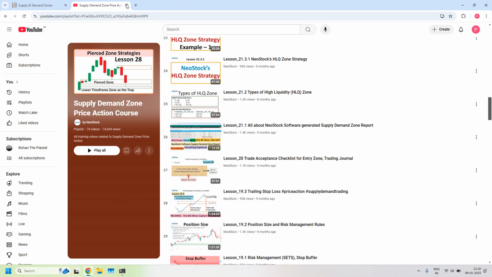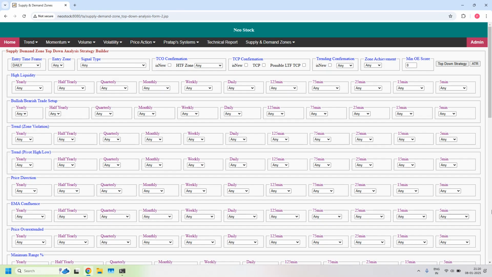Okay, now let's get into the report generation. First, let us identify stocks near demand and supply zones for different time frames. During this process, we will also identify pierced zones for monthly, weekly and daily time frames.